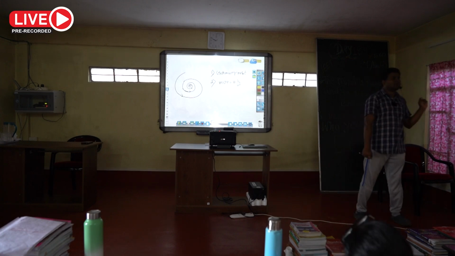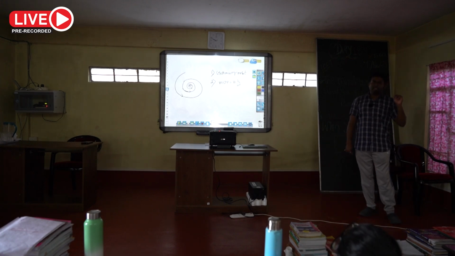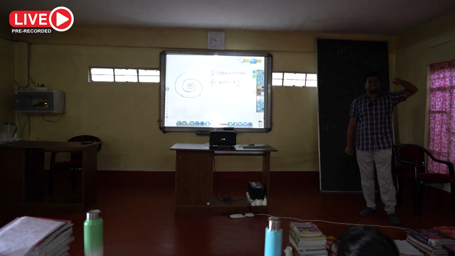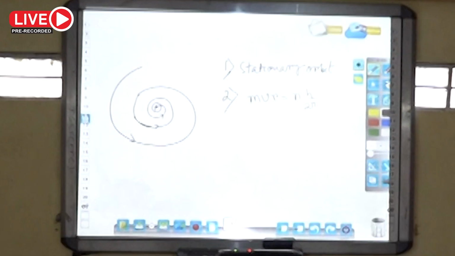So the minimum angular momentum can be h by 2 pi, and it should be an integer multiple, that is 1 h by 2 pi, 2 h by 2 pi, 3 h by 2 pi, like this. n cannot be a fraction. It specifies the orbit. Any radius orbit is not possible. Only some particular fixed orbits are possible.